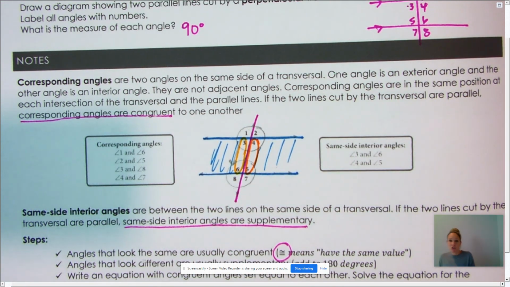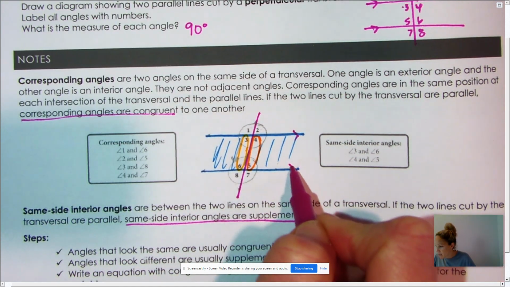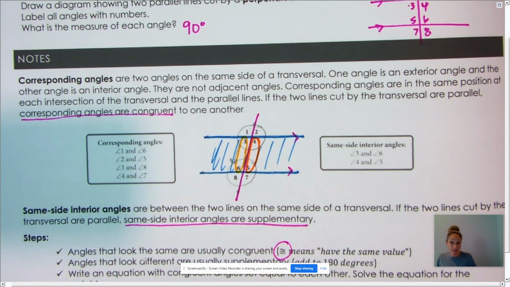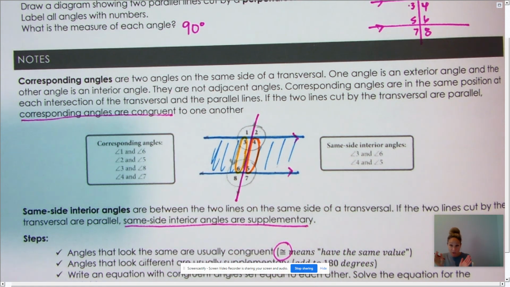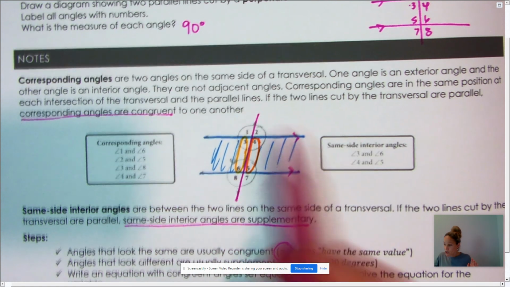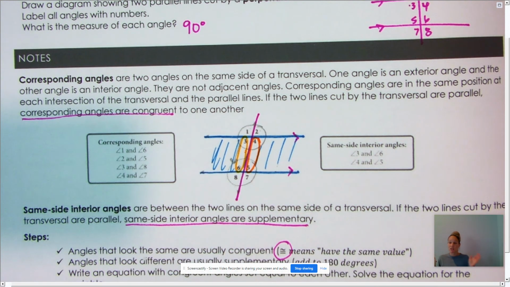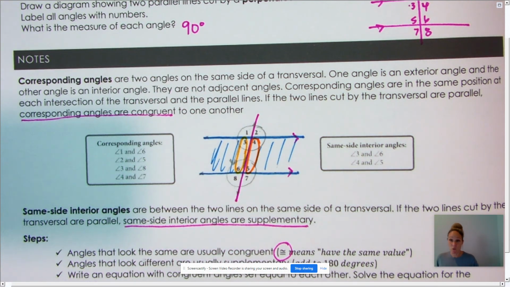And angles that look the same when we have the situation of parallel lines cut by a transversal, the angles that look the same usually are congruent to each other, equal, and angles that look different in this situation usually add up to 180.